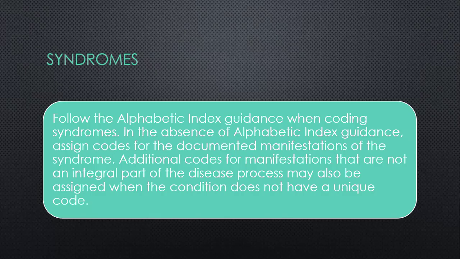Remember, we talked about that earlier: if both the primary condition and the manifestation have an additional code and it is not a combined code, you can code both the primary code and the manifestation of the primary code.